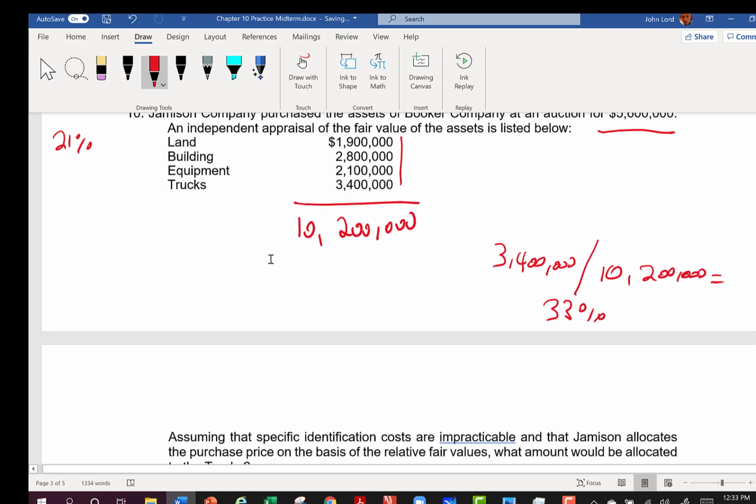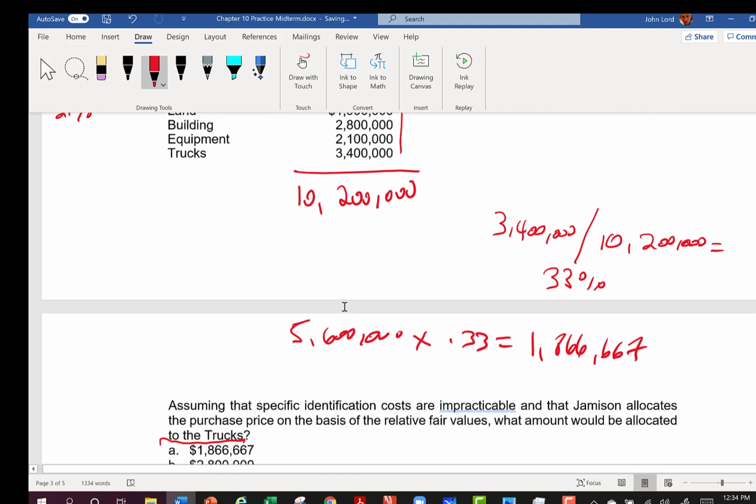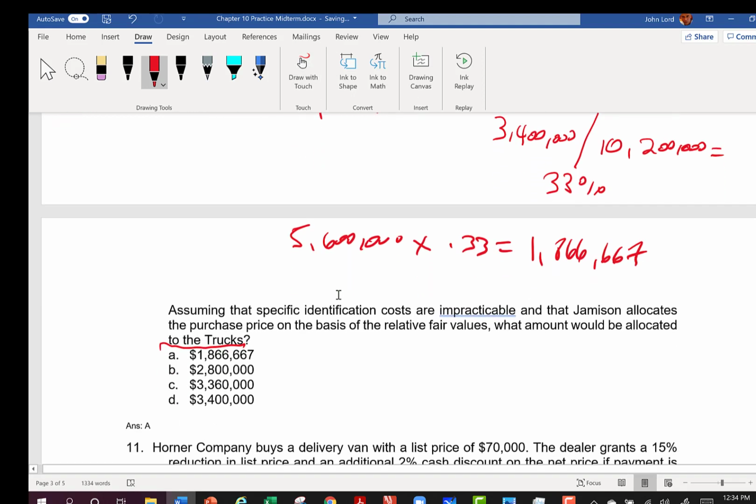You take this $5,600,000 times 0.33, and that means the value that's assigned to the trucks is $1,866,667, and that gives us choice A.